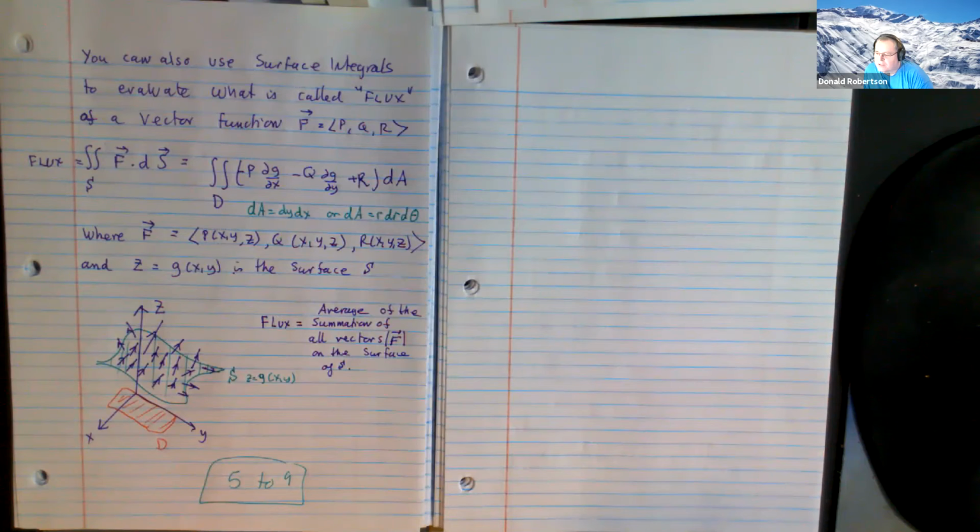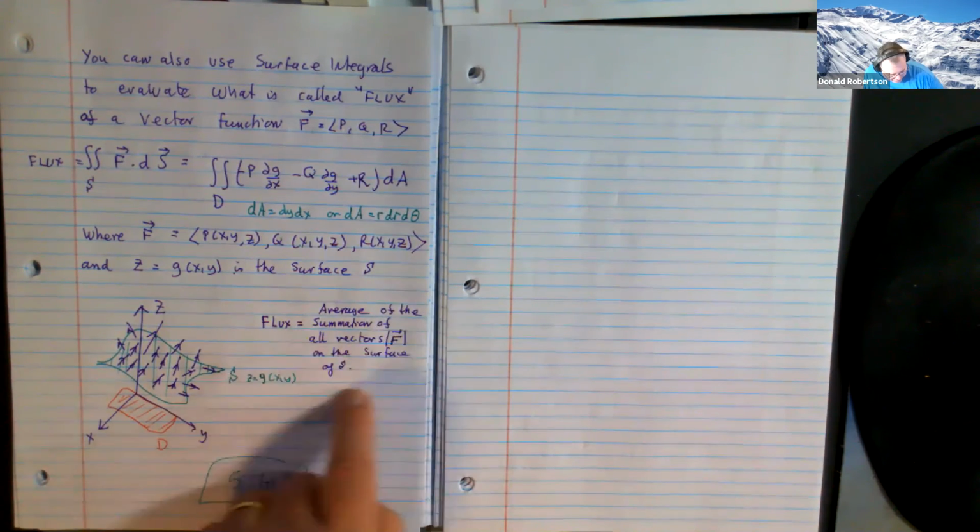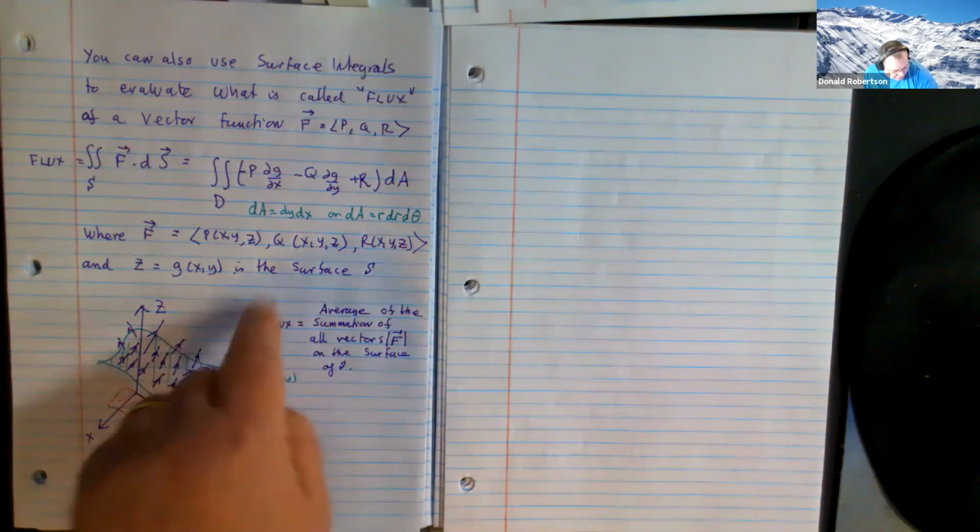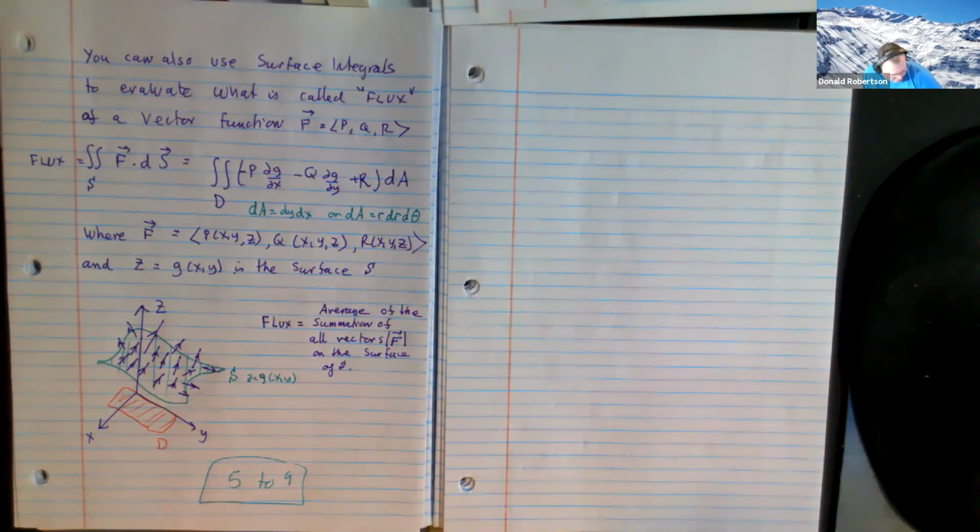So I guess that's why it's called electric flux. Couldn't it be magnetism or gravitation or something that has a direction and a magnitude on that surface, either leaving it or coming in towards it? You could have things entering a surface as well as leaving it. And the flux is basically the average value per square unit in this case.